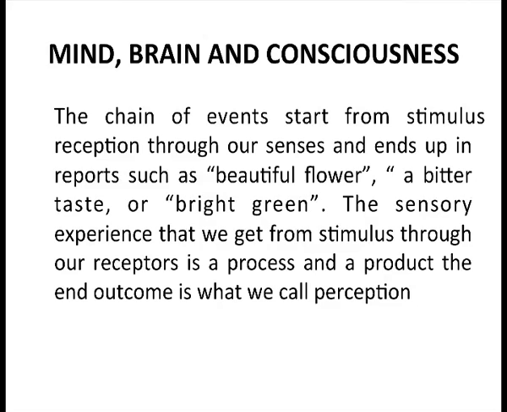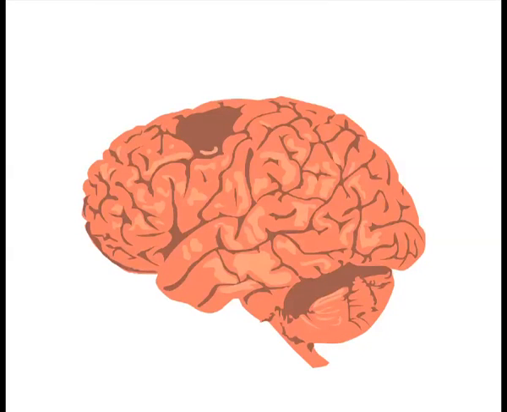This sensory experience that we get from stimulus through our receptors is a process and a product. The end outcome is what we call perception, which we will be discussing in the upcoming programs. However, we are going to know about how our brain processes the information received from our senses into a conscious sensory experience.